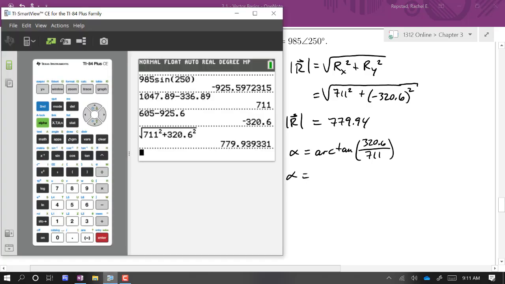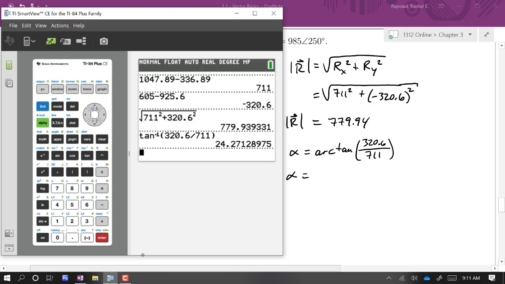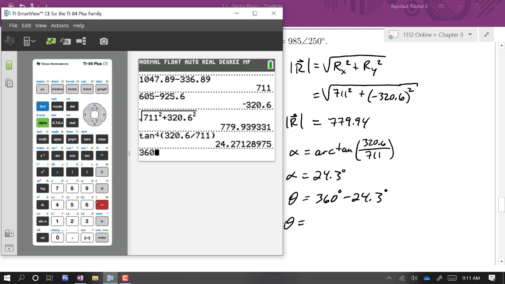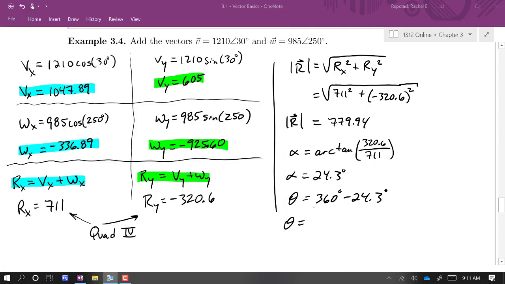For alpha, we get 24.3 degrees about. And so we're in quadrant 4, so that means theta is 360 minus 24.3 degrees. And that's 335.7.